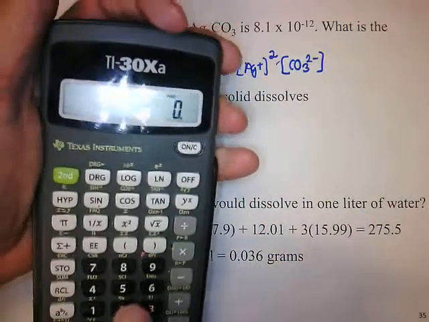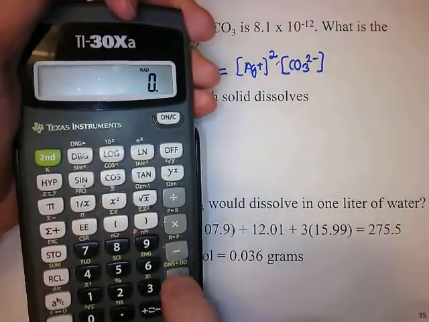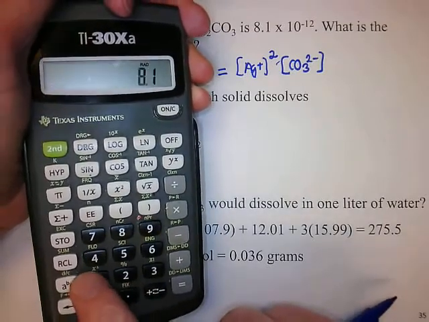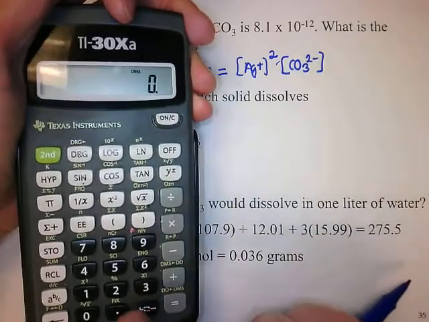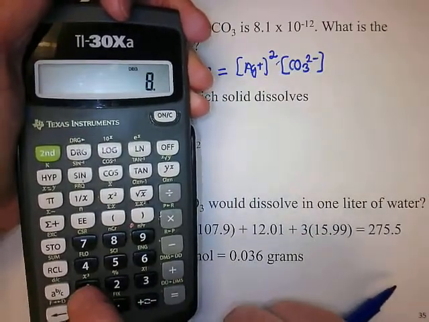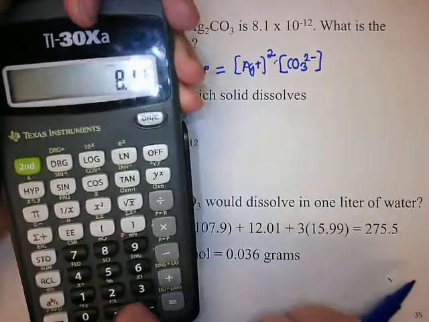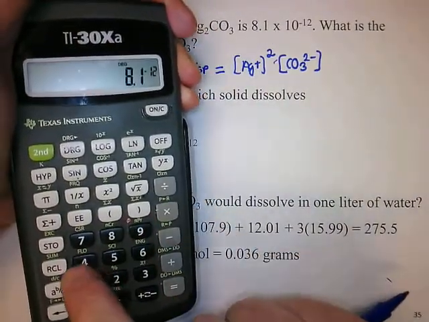Now the way I did that, your calculator may be somewhat different, but the way I do that here is you take the KSP, 8.1, let me reset this, we take 8.1 to the minus 12th, okay, then we divide that by 4.